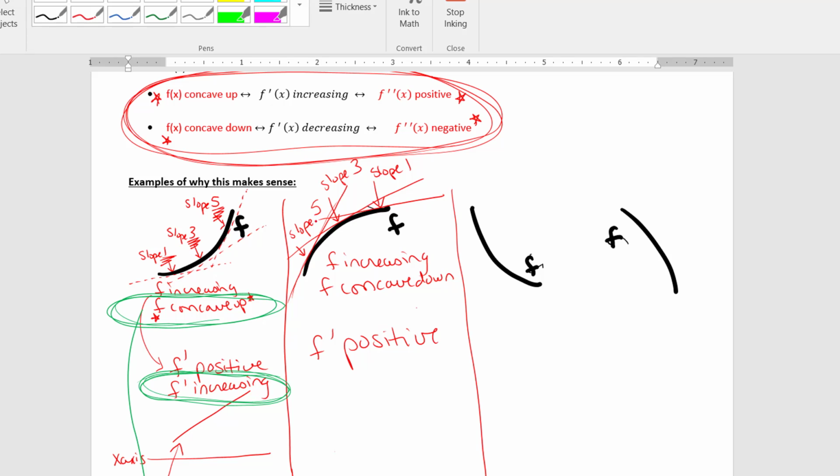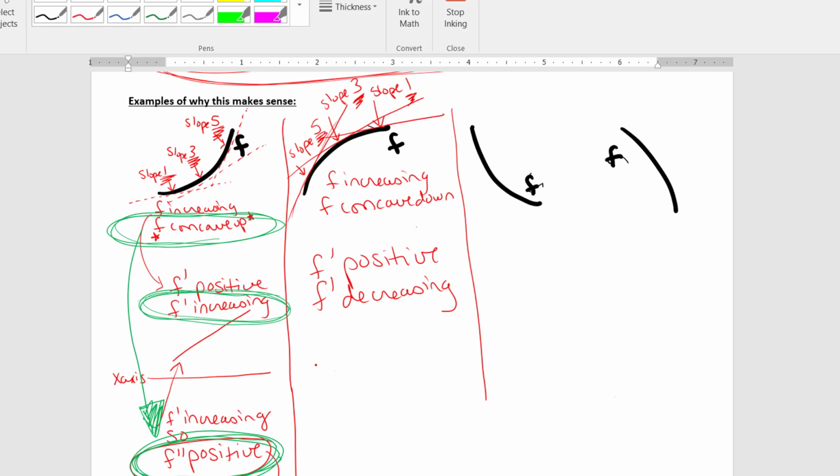So all these slopes are positive, but as I walk from left to right, those slope values, those derivative values, are decreasing. Derivative value 5, derivative value 3, derivative value 1. So the derivative values are decreasing. F prime is decreasing.